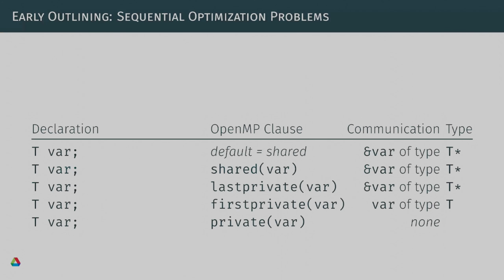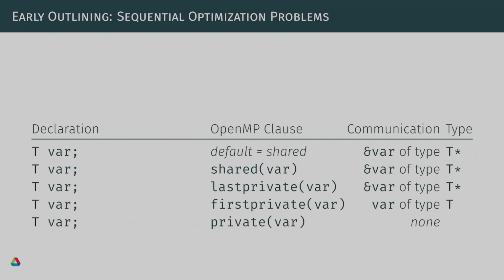Why is that? Because in both cases, inside the parallel region, we might modify the variable. And for the modification to be visible after the parallel region, we have to provide a way to write into the original storage. The way that is usually done is to provide the pointer to the original storage. But this indirection causes an indirection everywhere in the parallel region. So passing something as shared or lastprivate is usually bad.